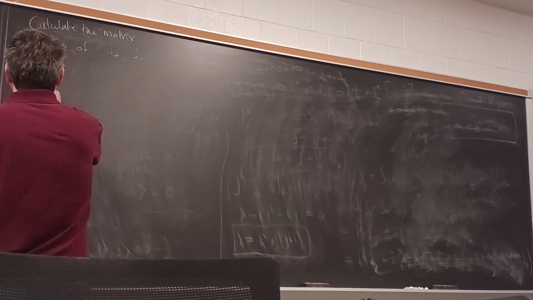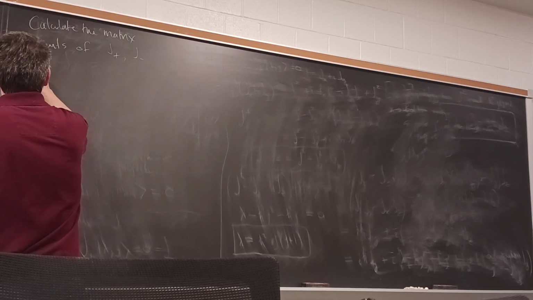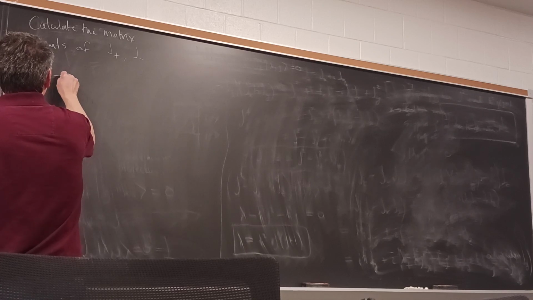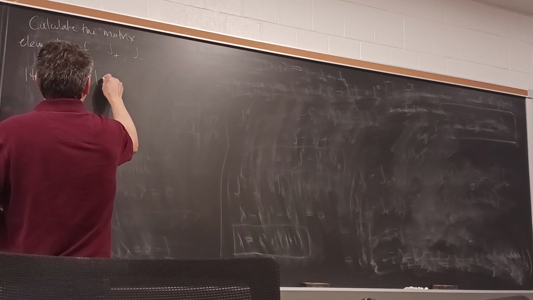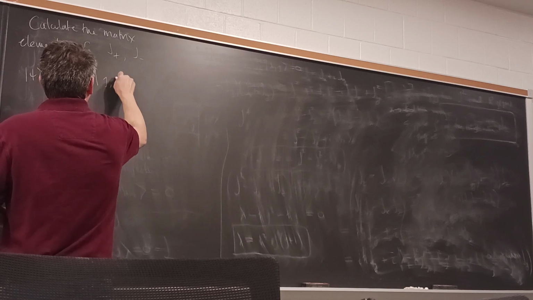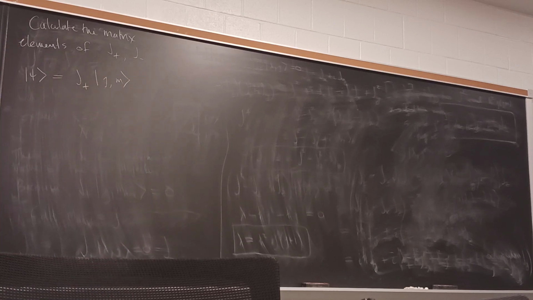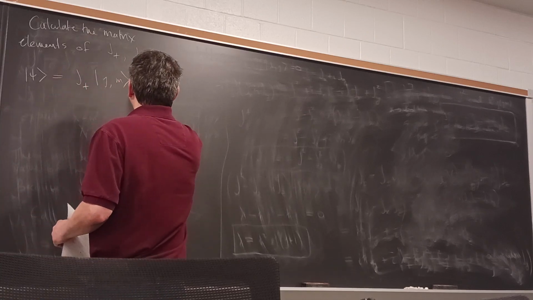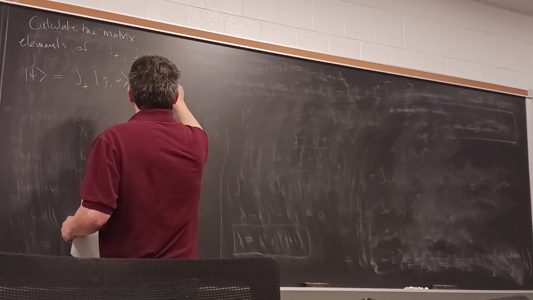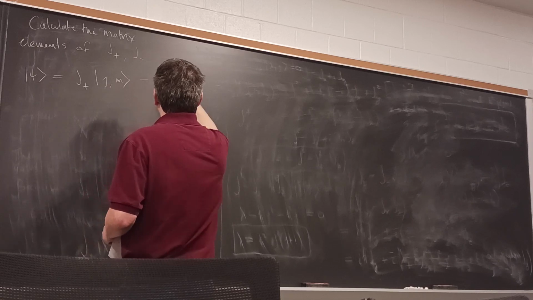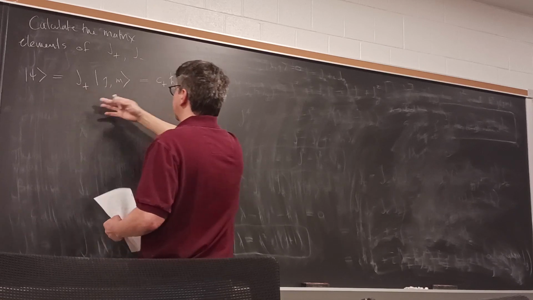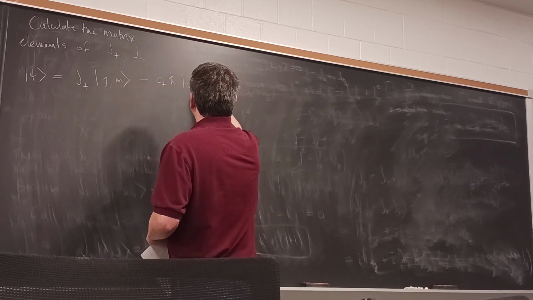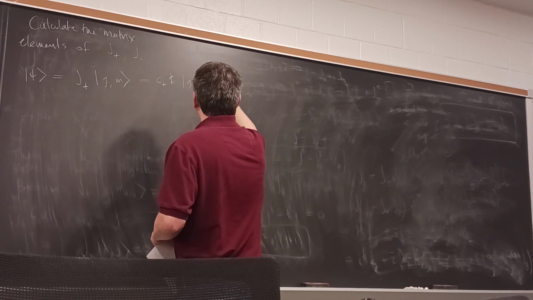So if we operate on some state ket with J plus, that just gives us some other ket. We know it has an m plus 1 in it. We know that this is some constant times h bar, because this thing has units of J, and then this will be J, m plus 1.